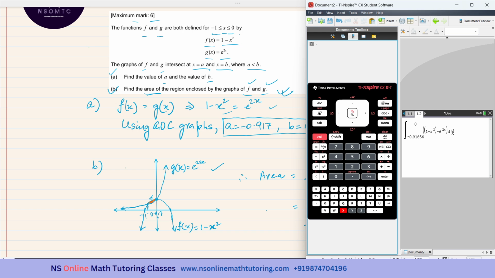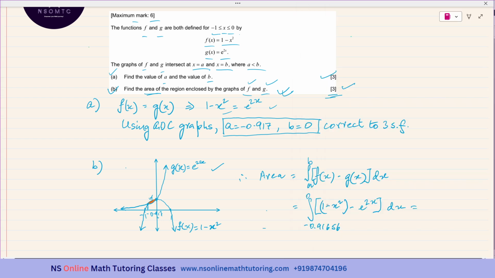And the variable for integration is x, so enter. It is 0.23985. So up to 3 significant figures, it should be 0.240. So this is 0.240 unit square.